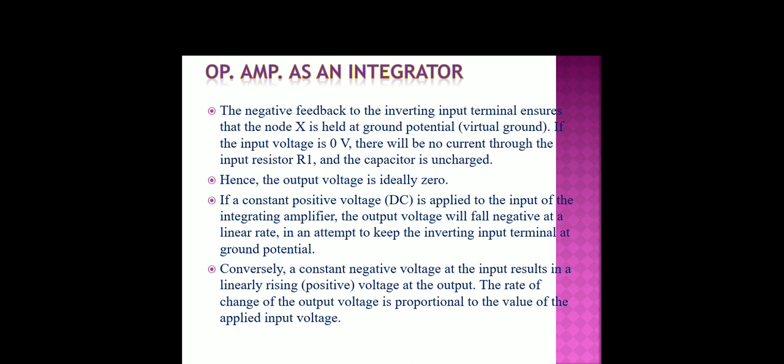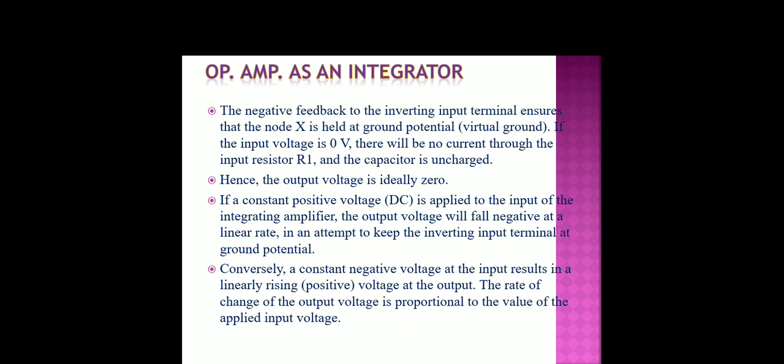We all know the capacitor works on the charging and discharging process. If input voltage is 0 volt, then there will not be any current flowing through the R1 resistor and hence the capacitor CF remains uncharged. The charging of the capacitor is not possible. Therefore, ideally output voltage is 0.